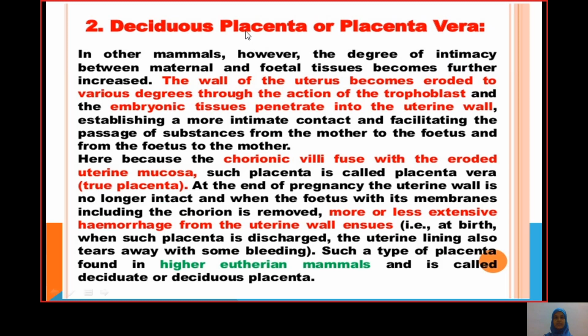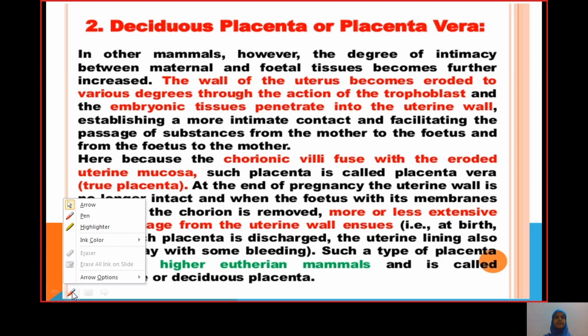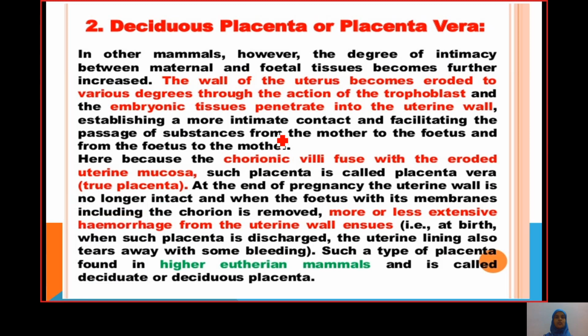The walls of the uterus become eroded to various degrees through the action of the trophoblast, the upper layer of the embryo, establishing a more intimate contact and facilitating the passage of substances from mother to fetus and from fetus to mother. Strong bonding is present between the trophoblast layer of the fetus and the uterine layer of the mother, so it provides good passage of substances.